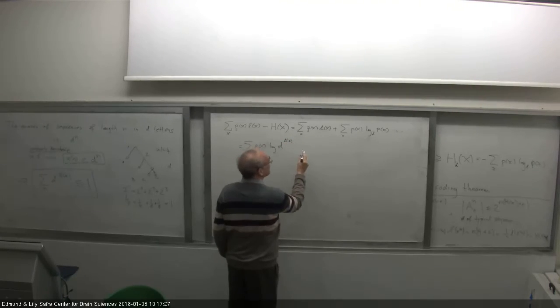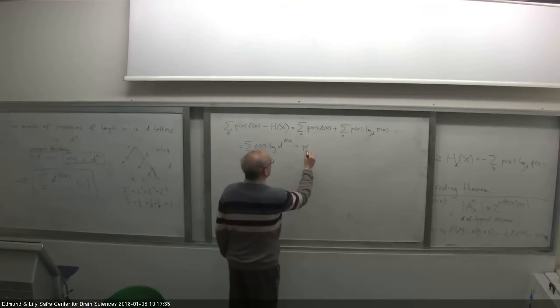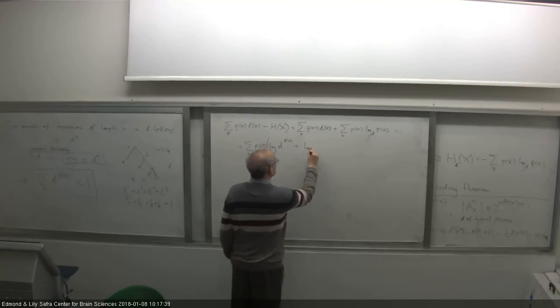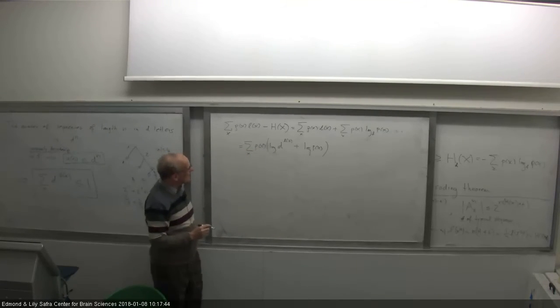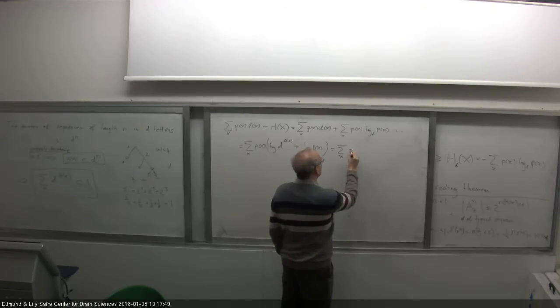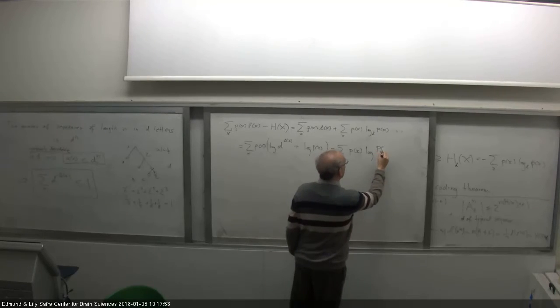This is kind of cheating, but it's all right. Plus log of p(x). So this begins to look familiar, especially if I now write it as the sum over x of p(x) log of p(x) over d to the minus l(x). This is the same thing.